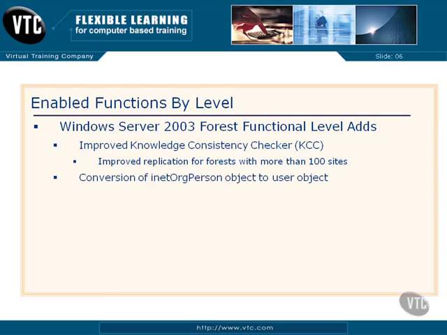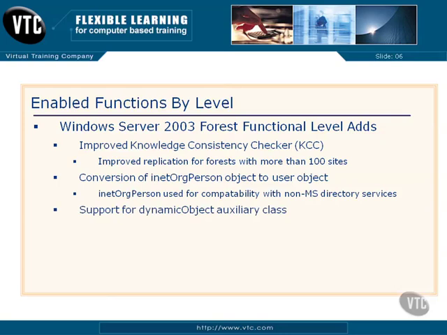Remember that inetOrgPerson object talked about in the previous video? That thing is used to connect to non-Microsoft directory services, Kerberos type services. Well, you can now convert that into a user object, and you might want to go read about that if you're having those issues. There's also now support for dynamic object auxiliary class, and this class can be used in domain directory partitions now.